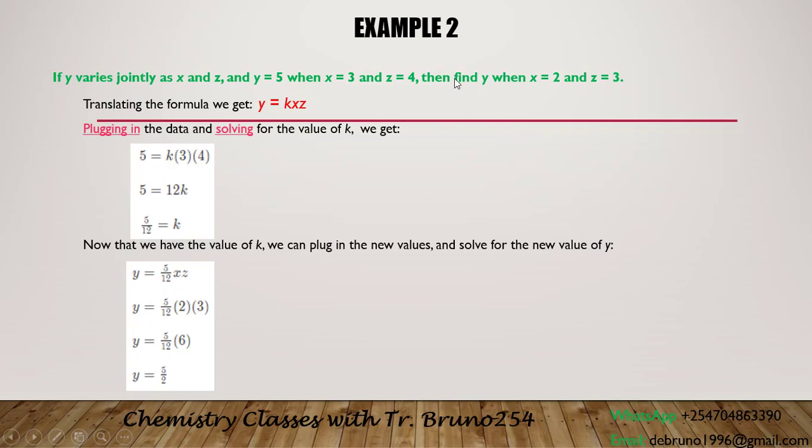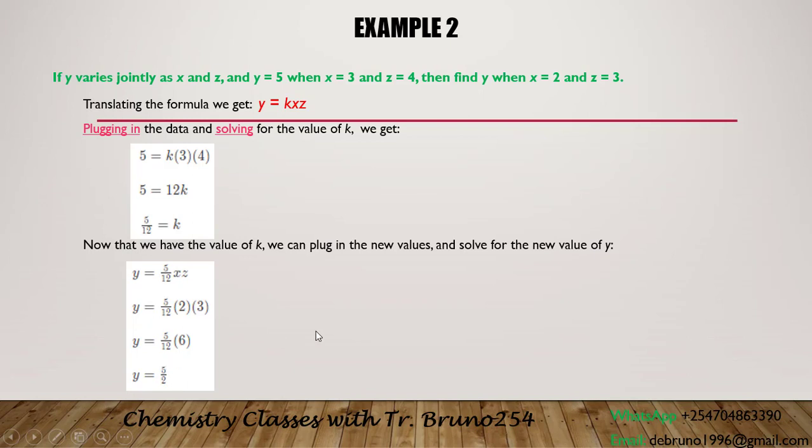Our question was to find the value of y when x is 2 and z is 3. So we replace x with 2 and z with 3, where we get y equals 5 over 12 times 2 times 3. Now y equals the product of the previous part, 5 over 12 times 2 times 3, and we get 5 over 2.